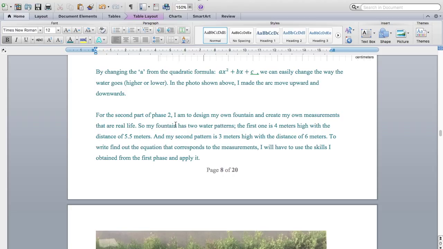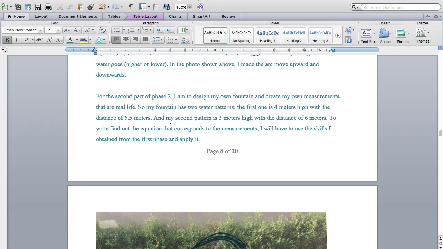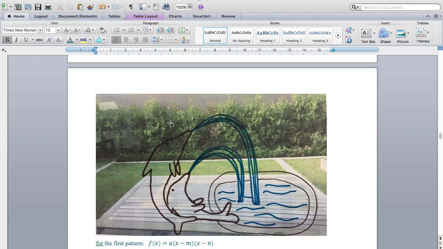And both of these water patterns are in one fountain. I will use the skills that I have found in the first phase and part A of phase 2 and apply it in the final part. Here is the illustration of my dolphin 2 water pattern fountain.